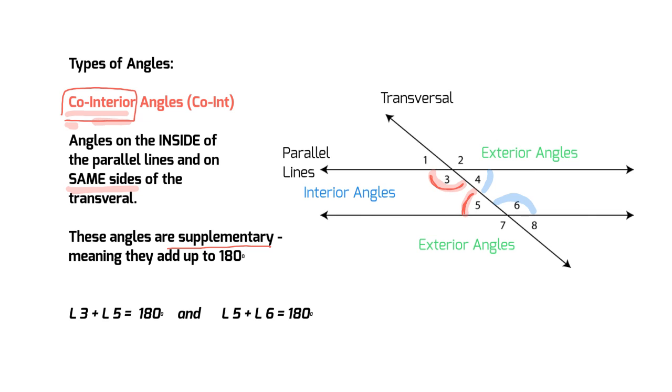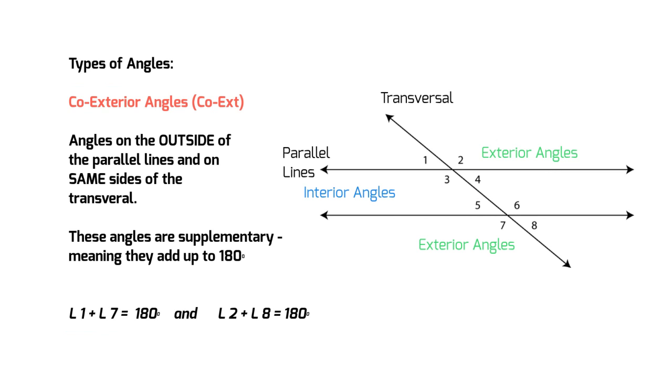Means they are not the same size, but if you add them together, you will always get 180 degrees. Same with angle 4 and 6. Oh, I see a typo here. Angle 4 plus angle 6 is going to give you 180 degrees.